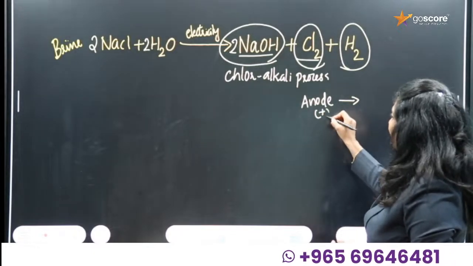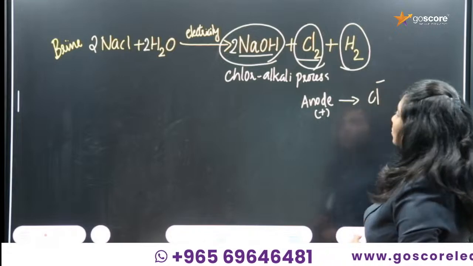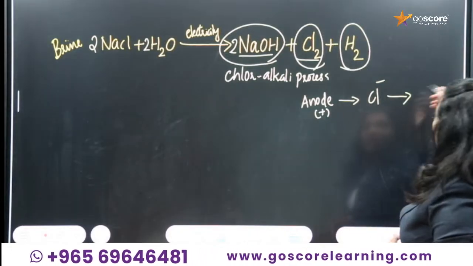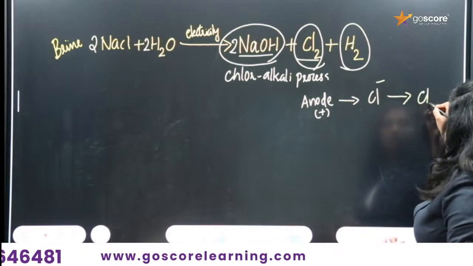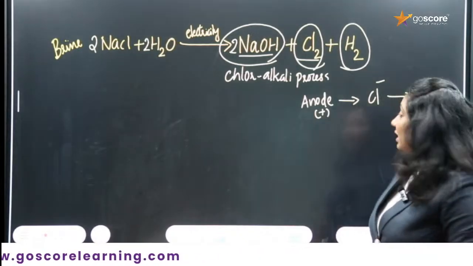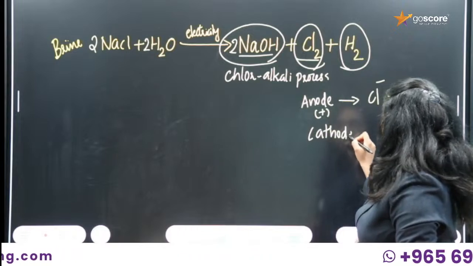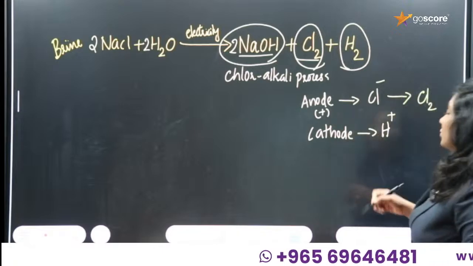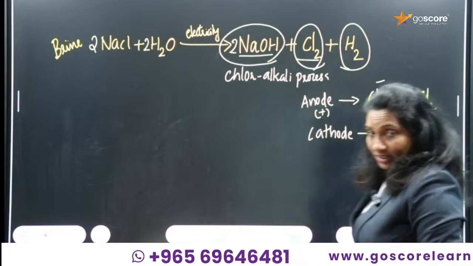So definitely the negative charge ion, that is Cl minus ion, will be coming to the anode, where it will be losing electron. That means it will be undergoing oxidation to convert to chlorine gas. So at anode, chlorine gas will be liberated, and at the cathode, what happens? H plus ion will be passing to the cathode, and it will be getting reduced to form hydrogen gas, right?